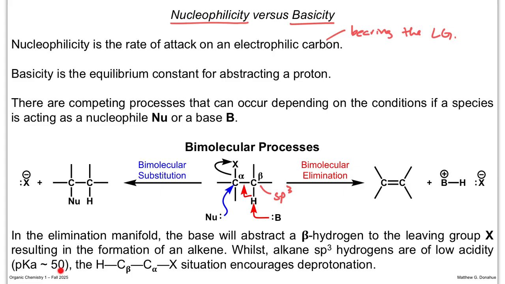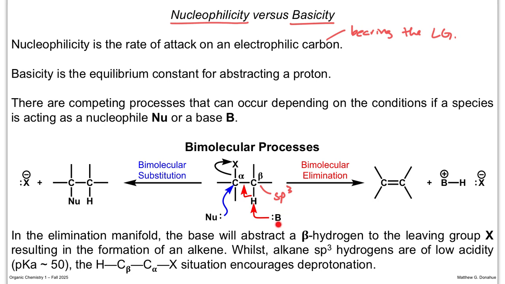So it's a really weak acid. But the fact that we have a leaving group at the alpha position influences the acidity of that. So we do not necessarily have to use a really strong base. And that's what leads to kind of the ambiguity here.